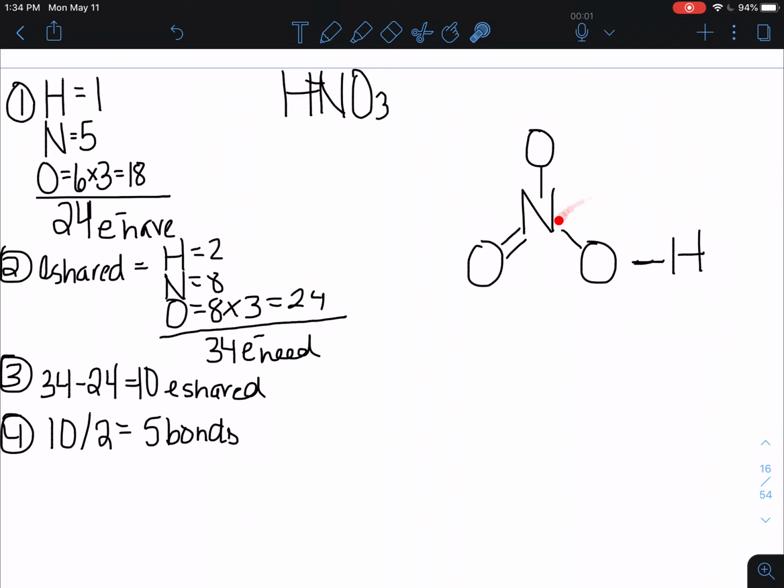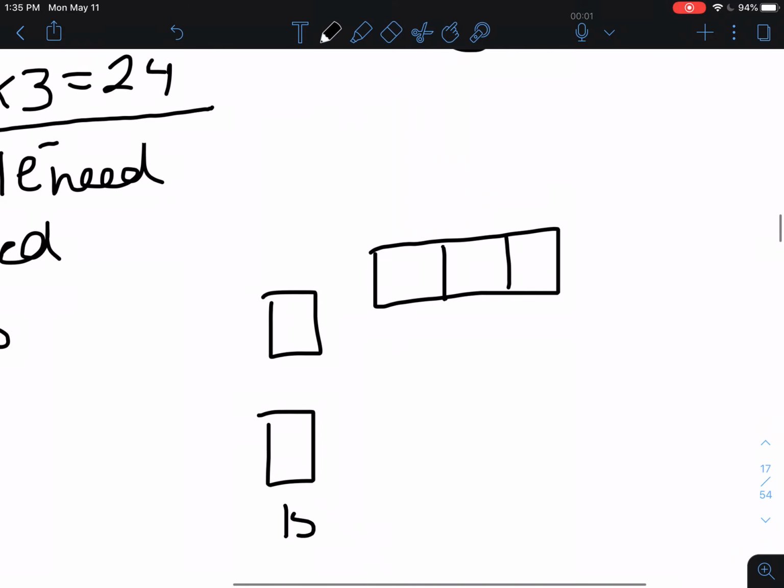Now you might be wondering, why does oxygen only like to be bound to 2 things? Well, this goes back to our orbital diagram. For oxygen, we have 1s, 2s, and 2p.